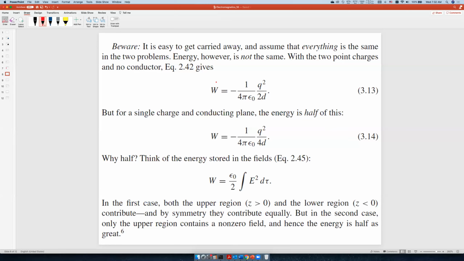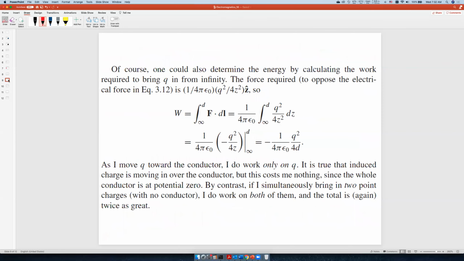For the one charge situation, you have field lines in the upper region, but no field lines below. However, in the two charge situation, you have field lines above and below the XY plane. So the energy is different. And of course, we can calculate the energy by calculating the work required to bring Q to your concerned position from infinity.